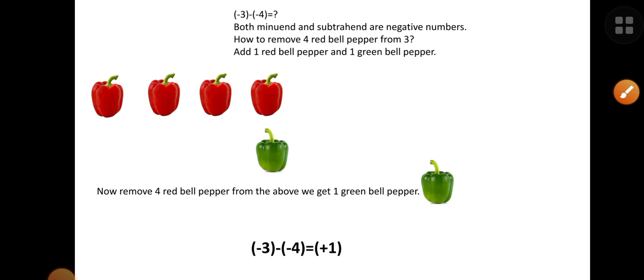So in this video we have seen the subtraction of integers in 4 different cases. Both minuend and subtrahend are positive. Both minuend and subtrahend are negative integers. Minuend is positive integer and the subtrahend is negative integer.